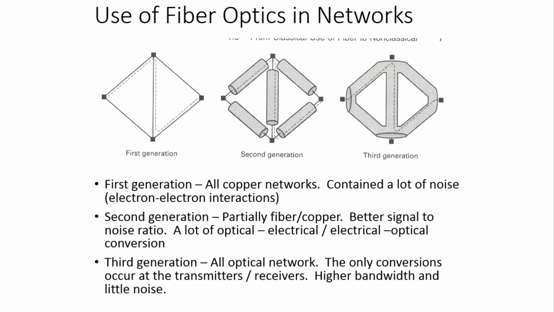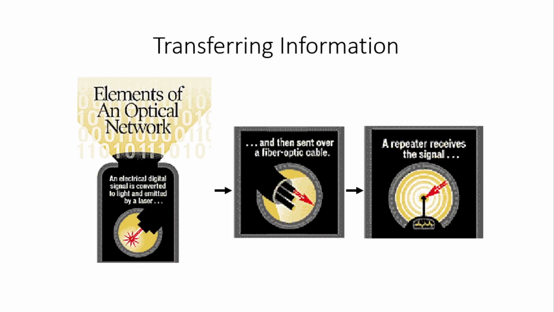In third generation, all-optical networks, the only conversions occur at the transmitter and the receiver, with high bandwidth and little noise. So this is the difference between the first, second and third generations of optical fiber in networks.